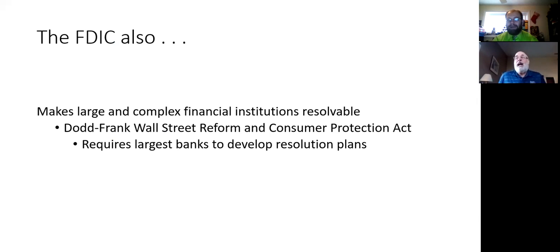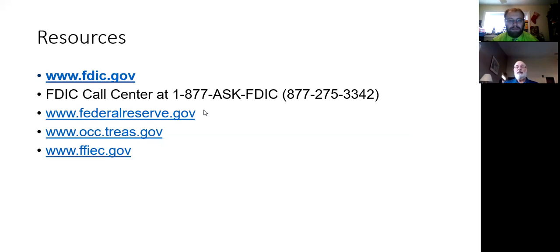Yes, and part of that requires them to simplify their structures so it's more easy to do. This is an ongoing process that gets looked at constantly, but the whole goal is to say if one of those fails, we have a way to resolve it in a relatively easy way. So that is my general overview of what the FDIC does.